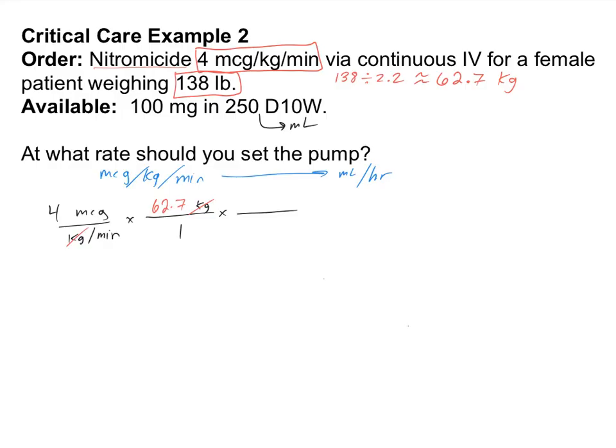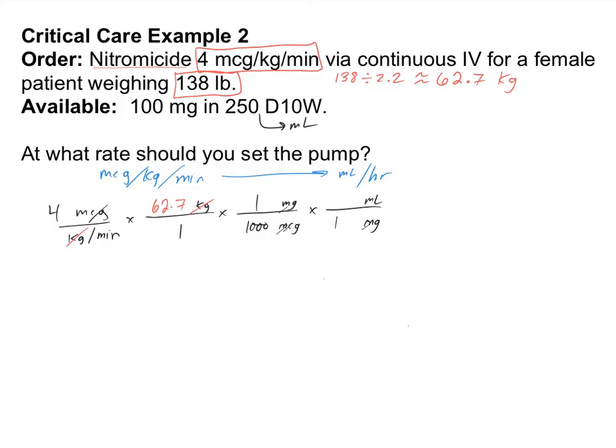And now we just want to continue with the dimensional analysis. The dosage is in micrograms but the availability of this medication is in milligrams, so I need to first convert micrograms into milligrams. We know there are 1,000 micrograms in 1 milligram, and now if I stopped there, I would have a unit of milligrams, so we can go from milligrams into milliliters using what's available to us.